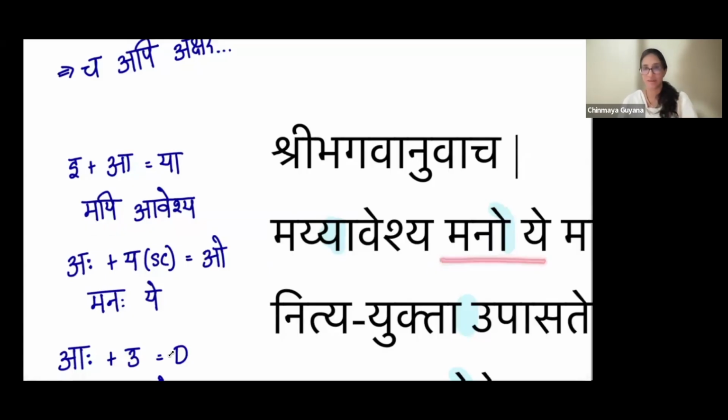Manoye. Now see, how do you know if this is a vowel sandhi or a visarga sandhi? Someone tell me. It's very obvious whether it's a vowel or visarga sandhi.